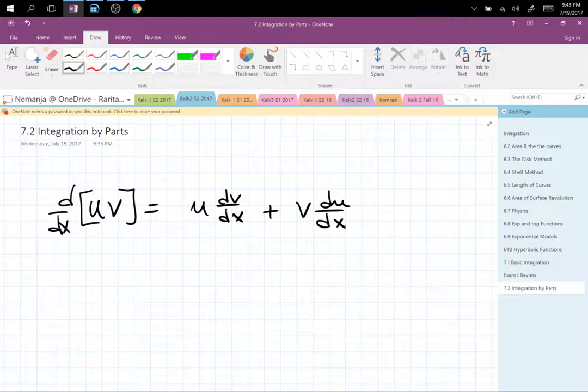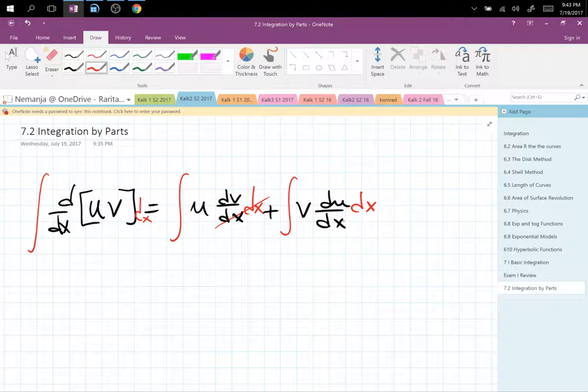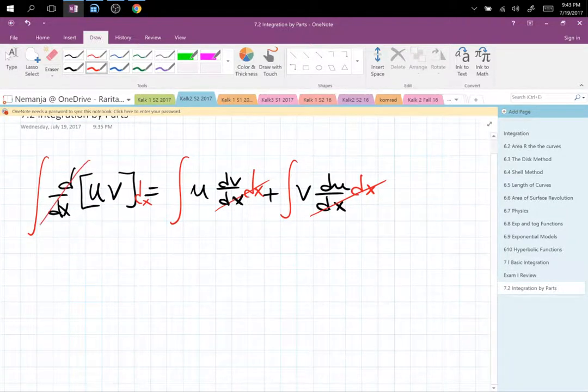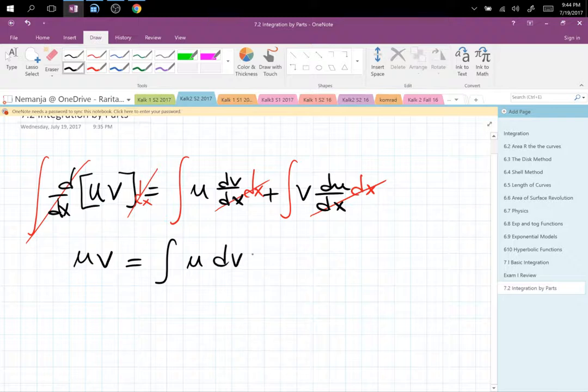And what I'm going to do is integrate each one of these and see what I get at the end. So if I integrate in terms of dx each one of these, observe that these dx's die and the derivative cancels the integral on the left, and I am left with uv is equal to integral u dv plus integral of v du.